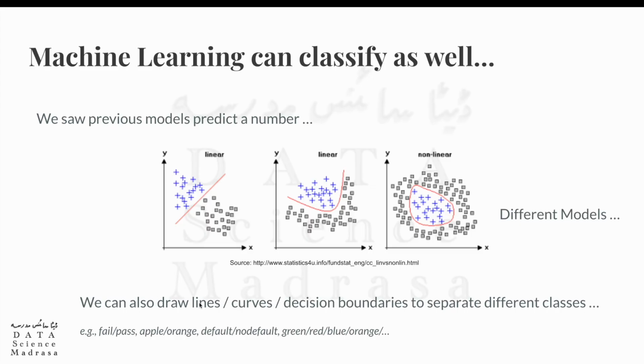So we can draw lines, curves, decision boundaries of many shapes to separate different classes, in this case polynomials, to have even more adapted or zigzag shapes depending on the data, and then we have to be careful of overfitting as well. In terms of classification, it could be a binary classification where you have two categories or classes, for instance fail or pass, or apple or orange, default or no default, or you can have multiple classes as well, so green, red, blue, orange, so on and so forth.